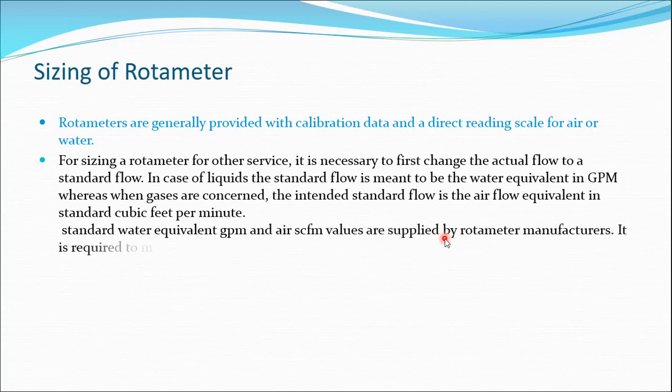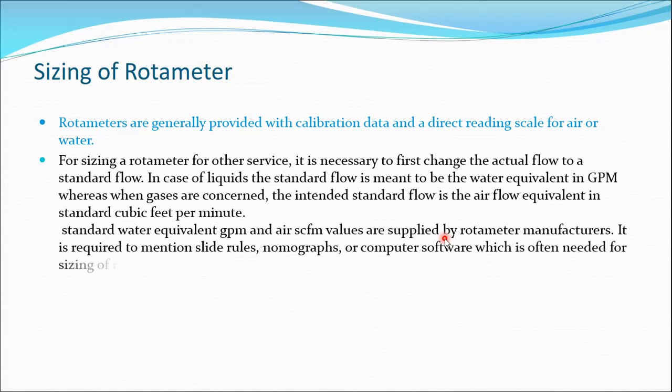In the case of liquid, the standard flow is meant to be a water equivalent in GPM, whereas when gases are concerned, the intended standard flow is an air flow equivalent in standard cubic feet per minute. Standard water equivalent GPM and air SCFM values are supplied by rotameter manufacturers. It is required to mention that slide rules, nomographs, and computer software are often needed for sizing of the rotameter.